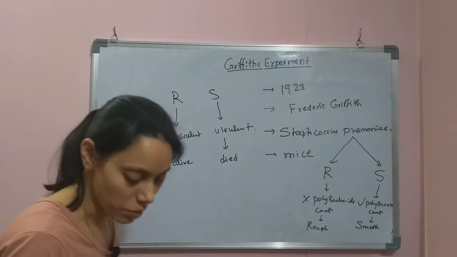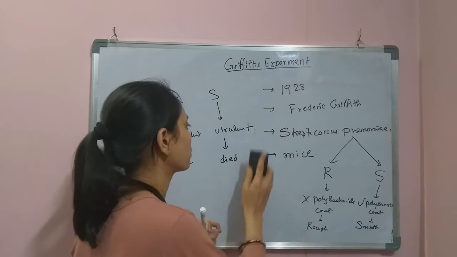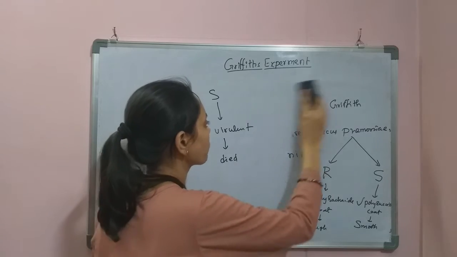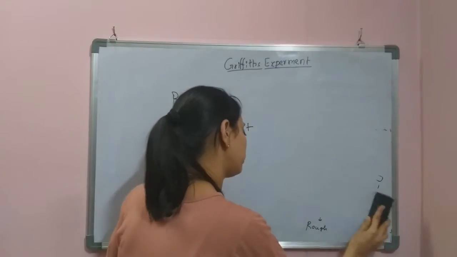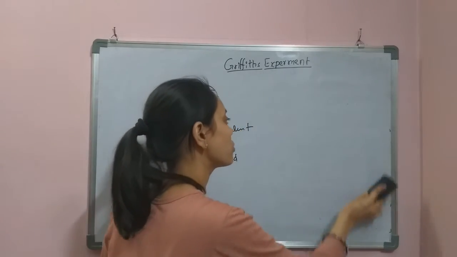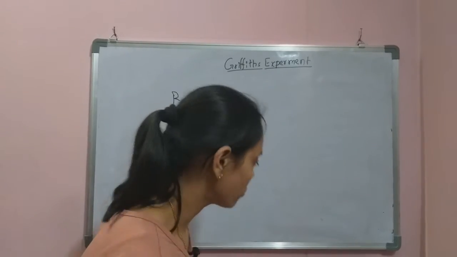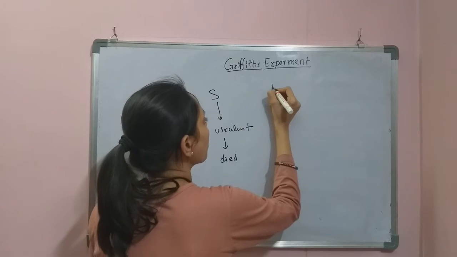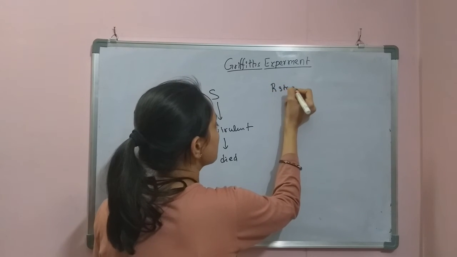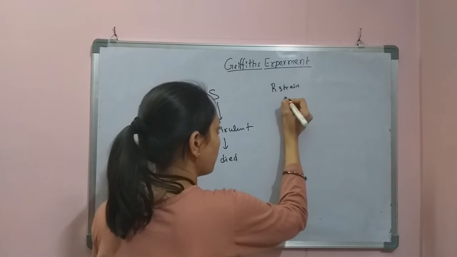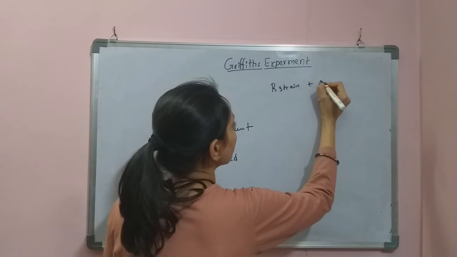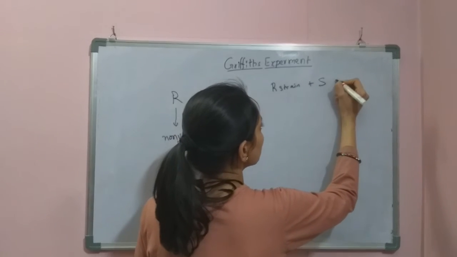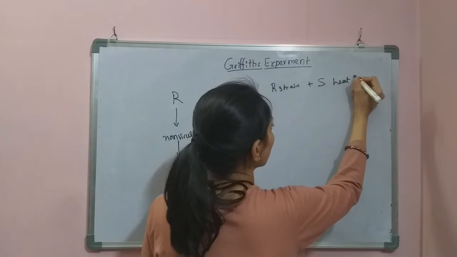So in his experiments, Griffith did one more thing. Along with these two kinds of strains, he used a combination of the R strain, which is alive, along with the smooth strain, which is heat killed.